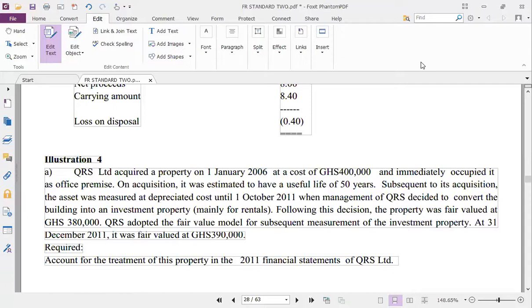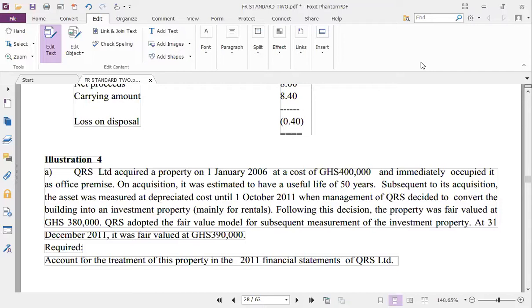when management of QRS decided to convert the building into an investment property, mainly for rentals. Following this decision, the property was fair valued at what? 380,000 Ghana cedis.